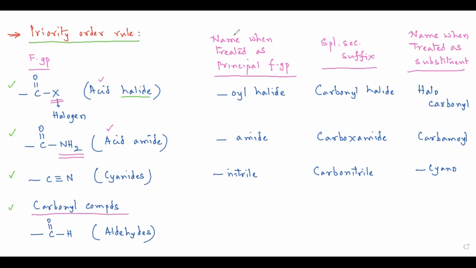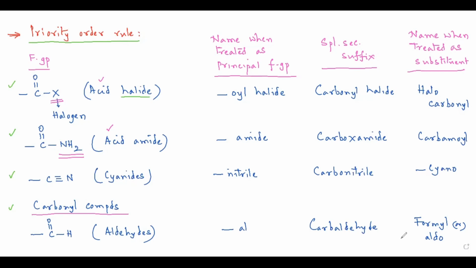In case of aldehydes, you know the name when treated as principal functional group is al, simple. And the special one is carbaldehyde. Then the name when treated as substituent is formyl or aldo. I told you this the other day.